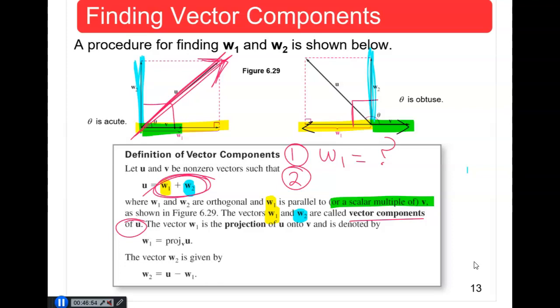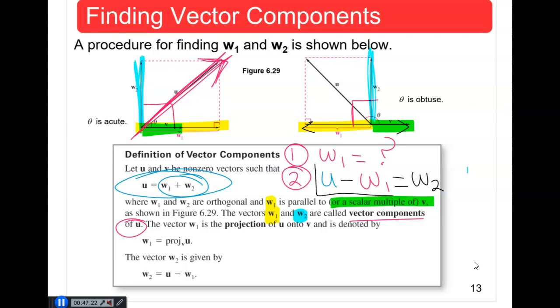So if we are saying that w sub 1 and w sub 2 add up to u, then if I solve for w sub 2 in this equation, it will be u minus w sub 1, and that will give me w sub 2.